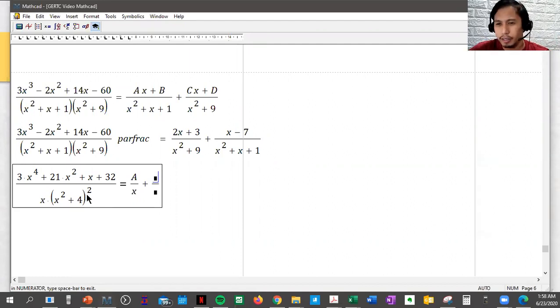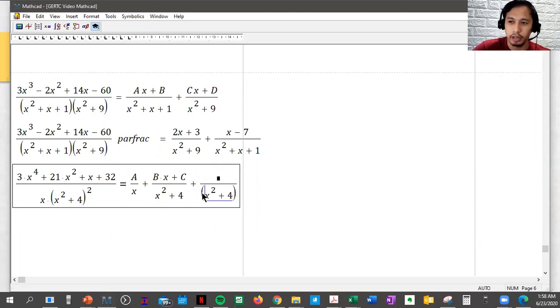I did not do an example anymore in case 4, pero ganun lang yung mga operation, the same lang. Only this is x squared plus 4 sa denominator, and its numerator is a linear bx plus c, but it's not yet done. Dapat meron pang other fraction, so the denominator is now squared of x squared plus 4, the same with case number 2.